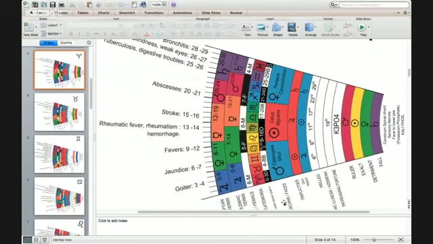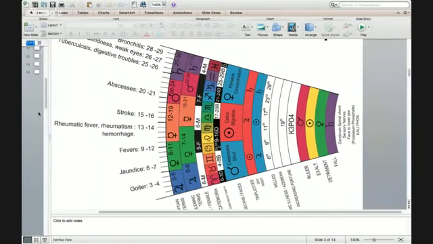So what I was showing was we've got up to this ring here, and then I jumped to the outside ring over here, where we found all the specific illnesses. So these are all the degrees that have illnesses found in them in Aries.